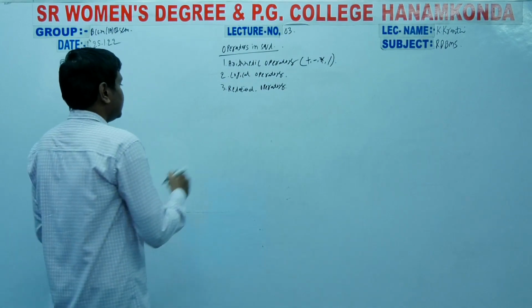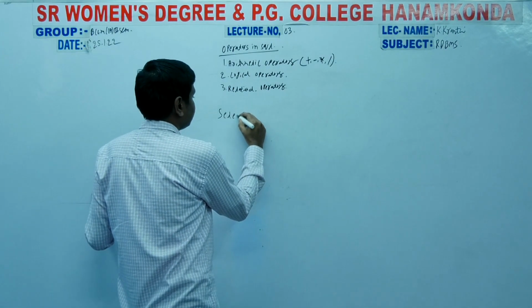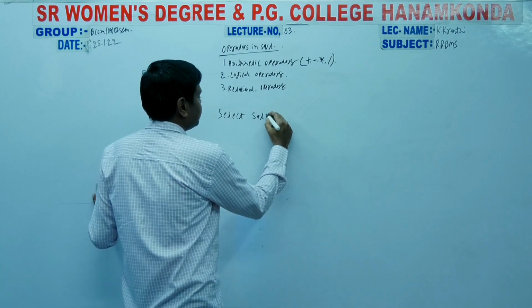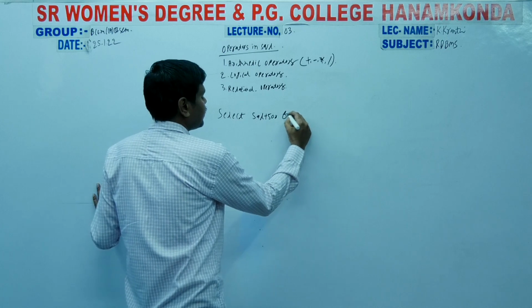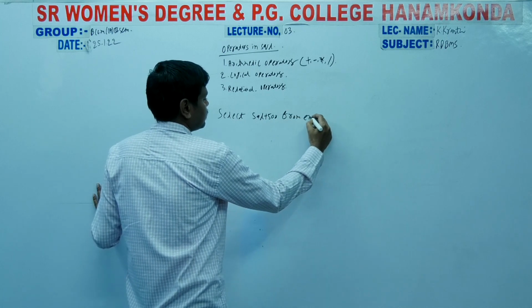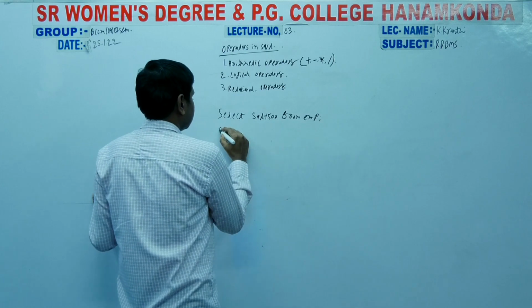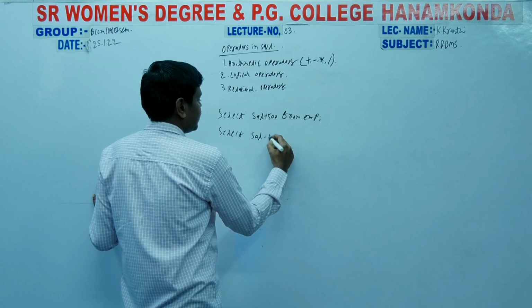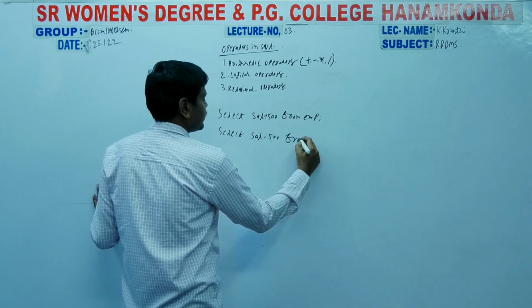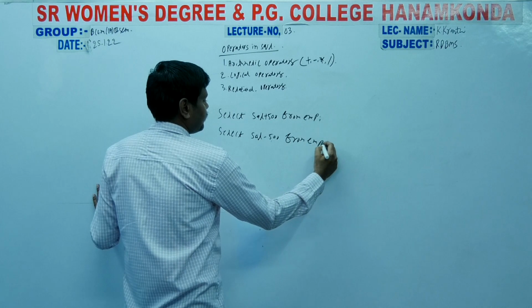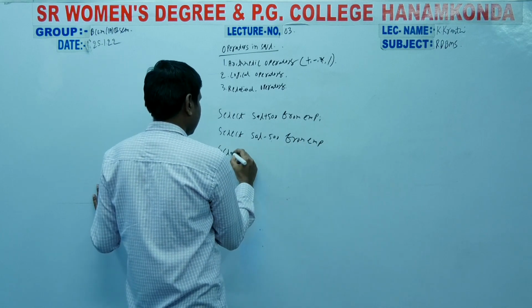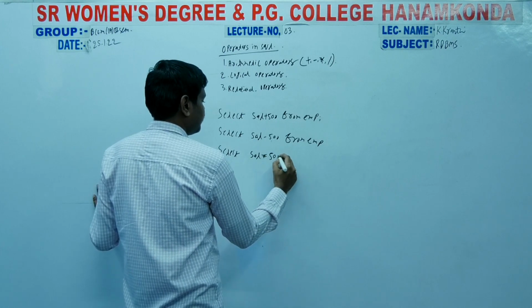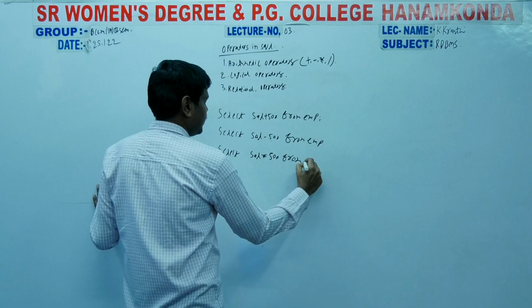First, select salary plus 500 from EMP. Select salary minus 500 from EMP. Select salary into 500 from EMP.